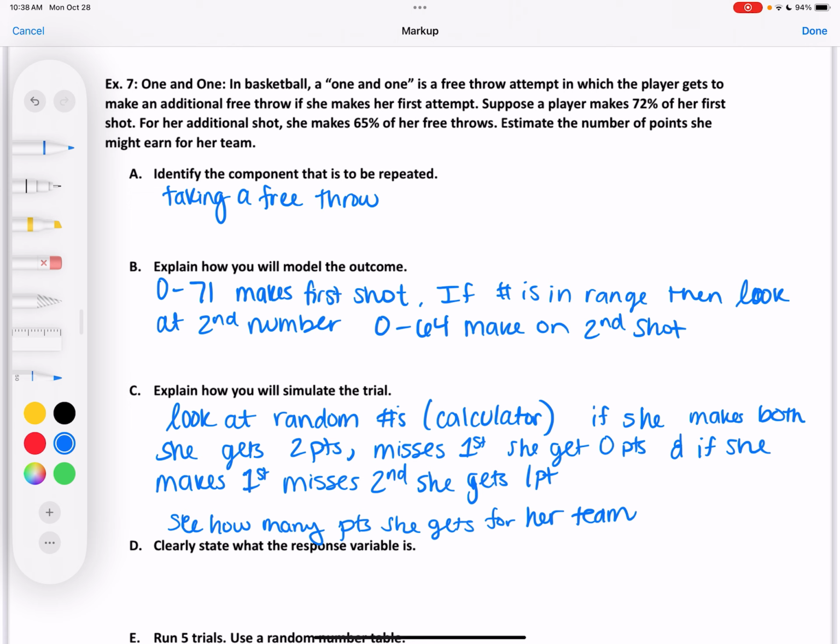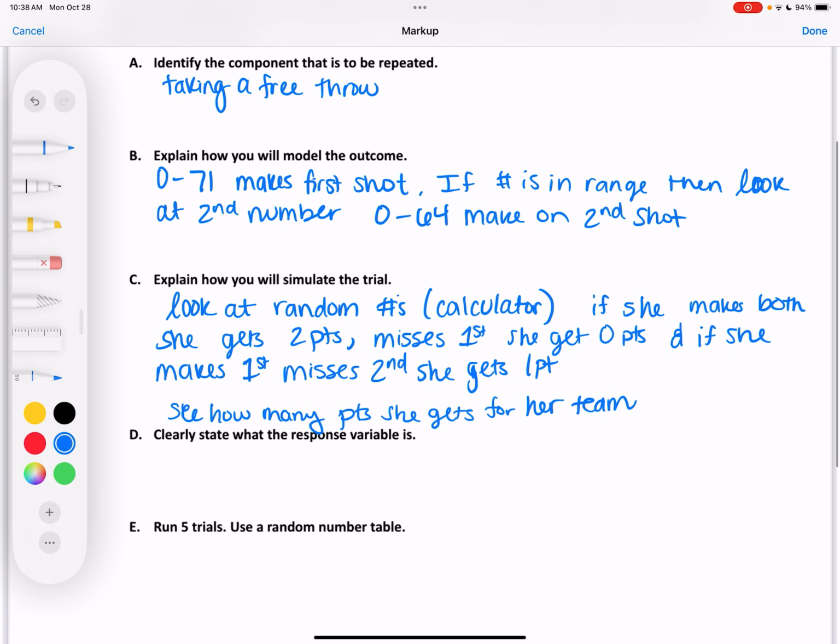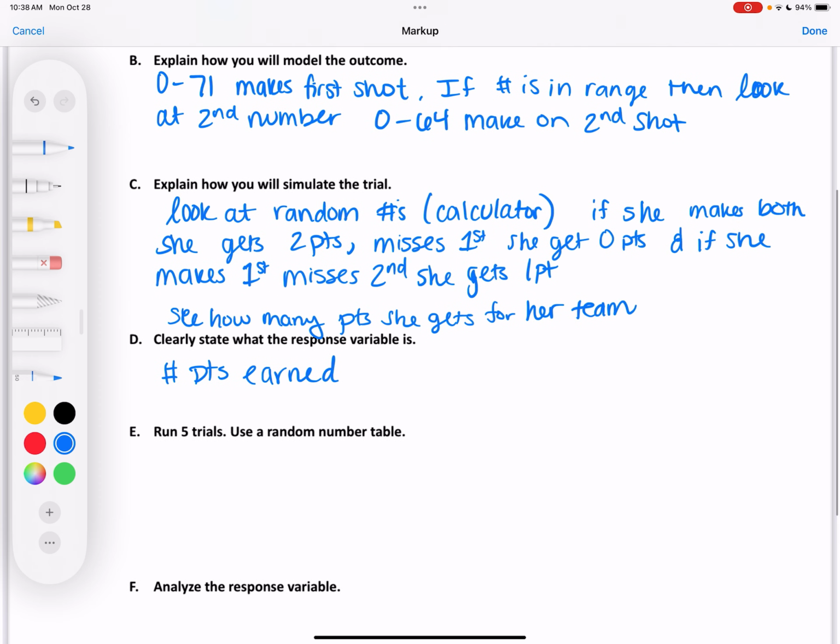So what is the response variable? Yep, number of points she earns. All right, so since we're going to use our calculator, we're going to run 20 trials, not 5. I would make a little table for 0 points, 1 point, and 2 points, and then just put little tally markers in there for each one.